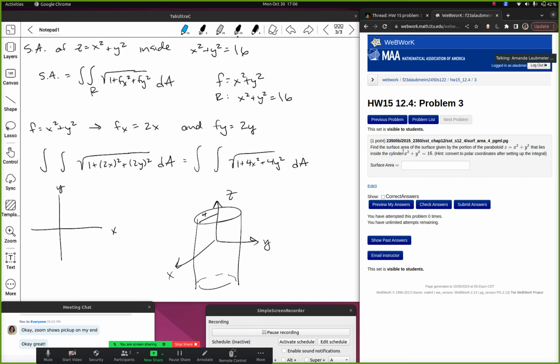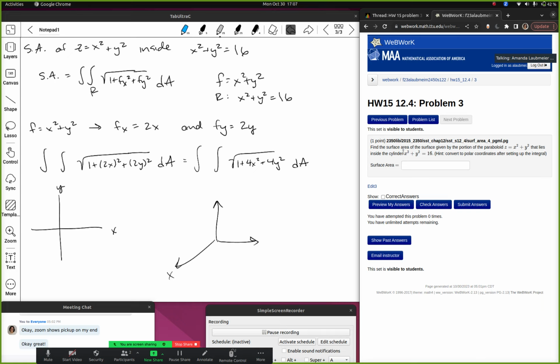And then the paraboloid is kind of this bowl shape. So what we're actually finding is this surface area that kind of sits inside the cylinder. But when we do the surface area formula, we think about the region projected down into the xy plane. So that's why I drew only 2D to start.